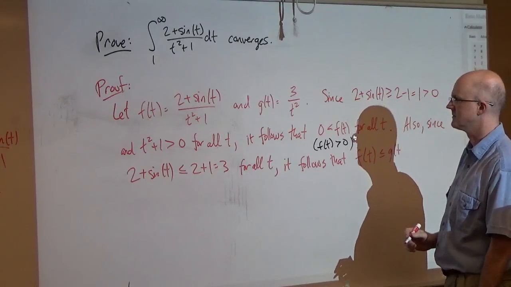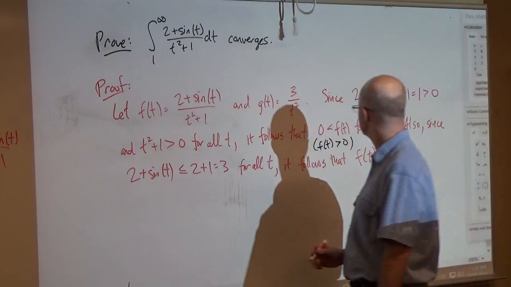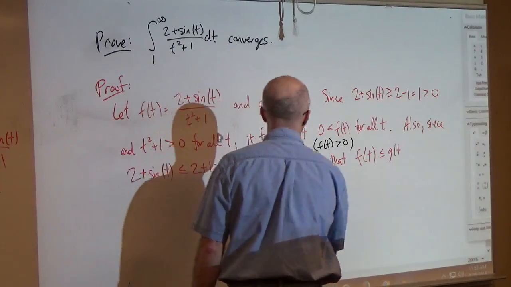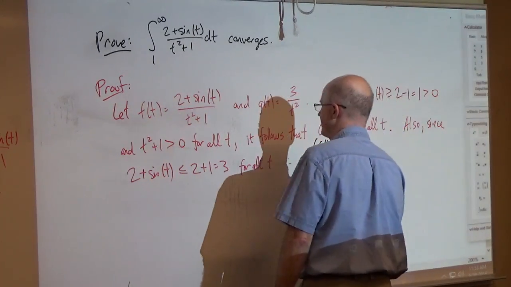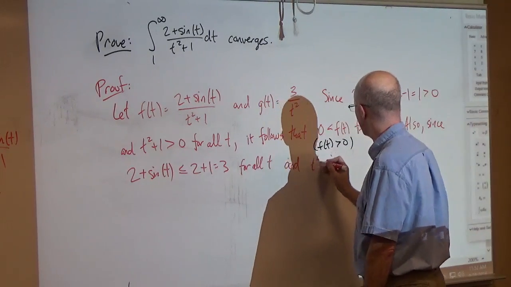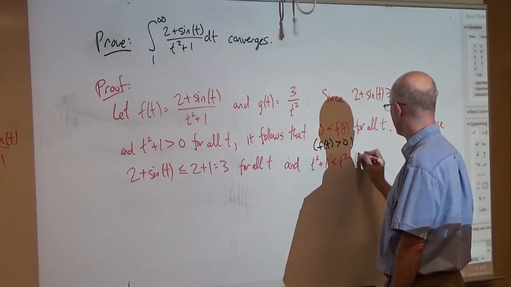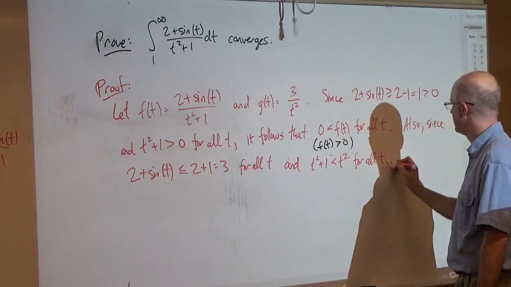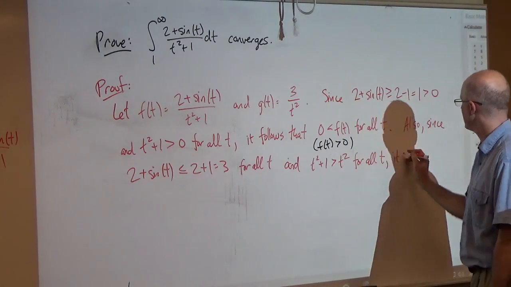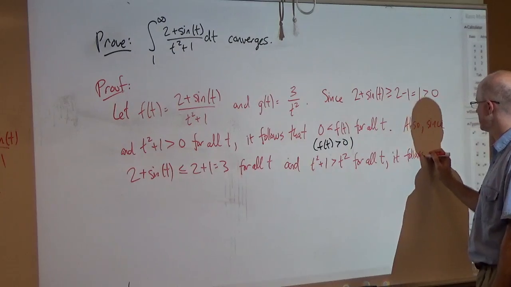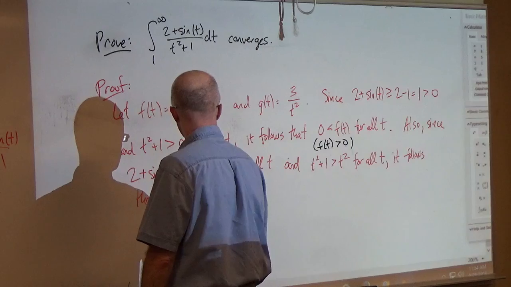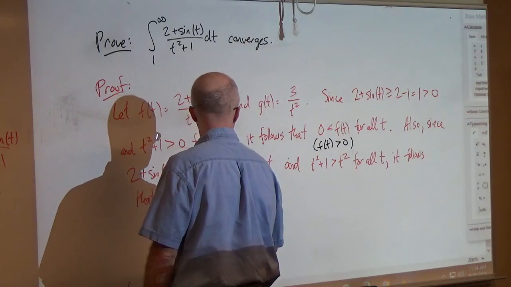Excuse me, I need to add more in there, sorry. And t squared plus 1 is greater than t squared for all t. It follows that f of t is less than or equal to g of t for all t.